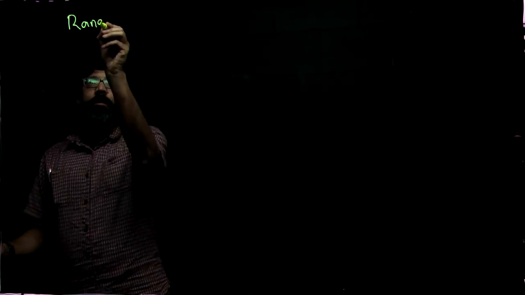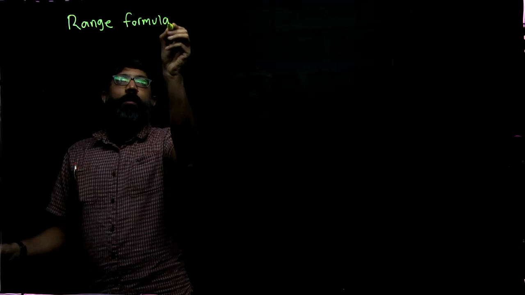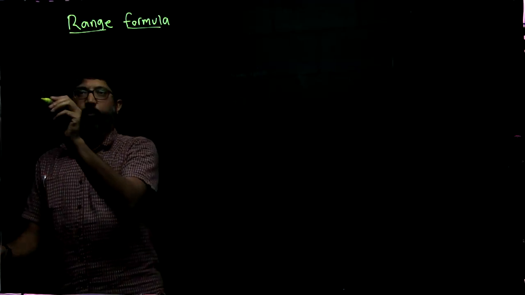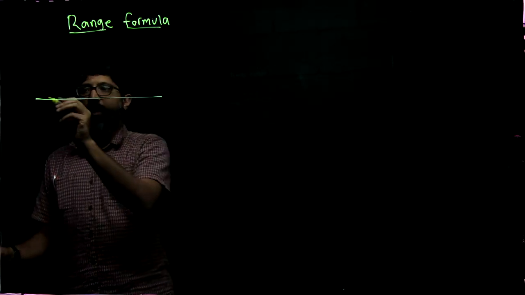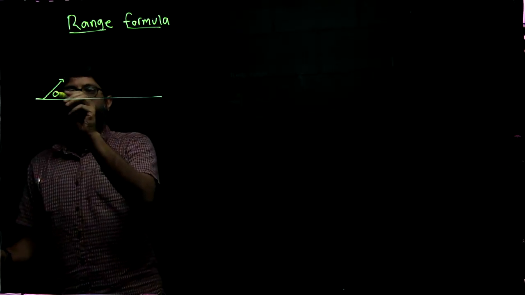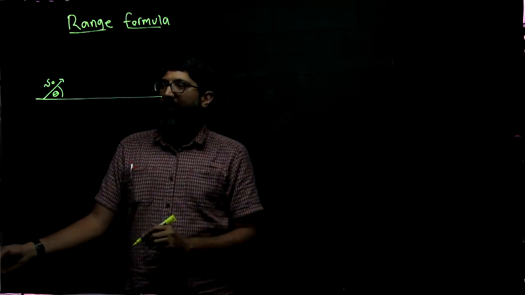Okay, so I want to derive for you what's called the range formula for projectile motion. The range formula tells us how far a projectile will go. Let's assume we've got a projectile launched from the ground at some angle theta with some initial speed v0.